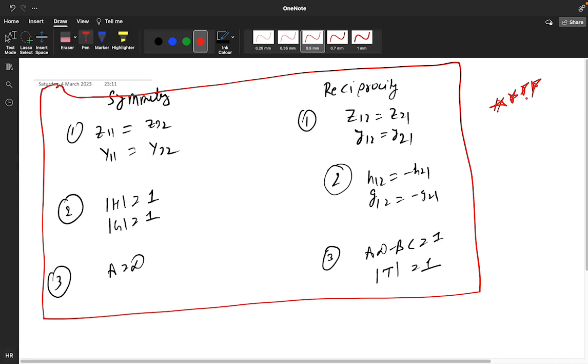Can we start the next topic tomorrow, or continue for half an hour? The next topic is different: interconnection between two port networks. Write down the heading in your notebook.